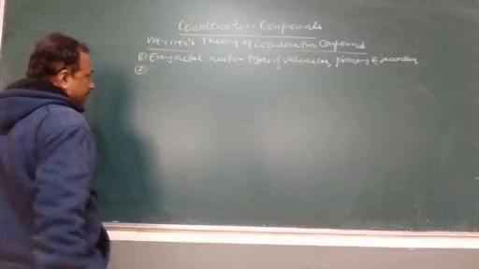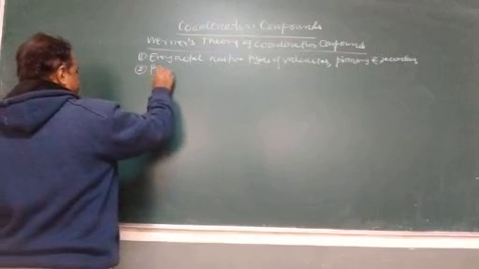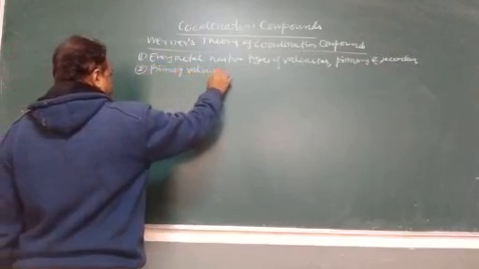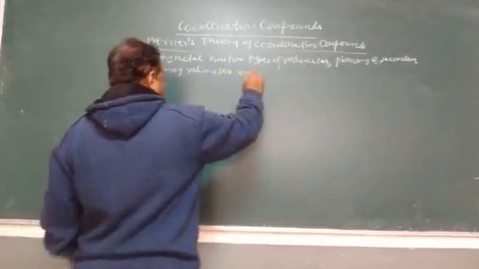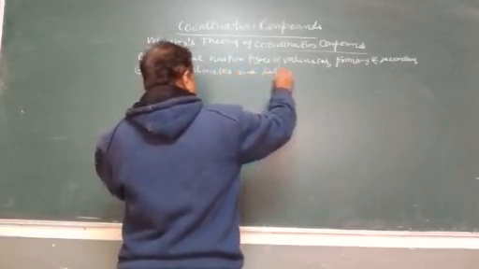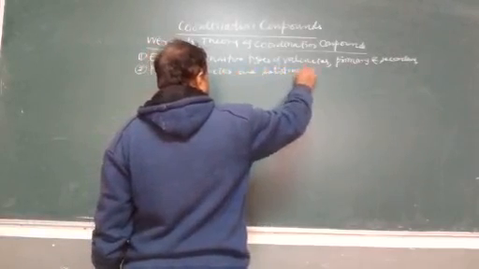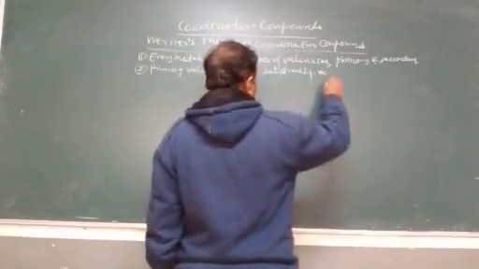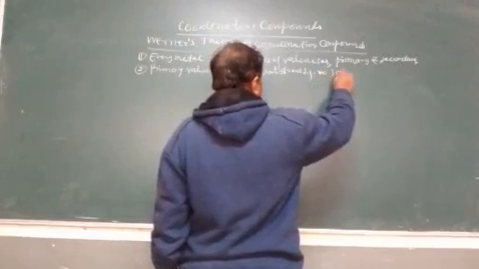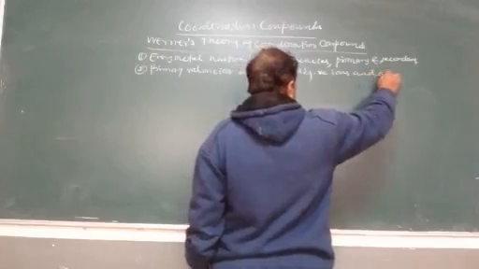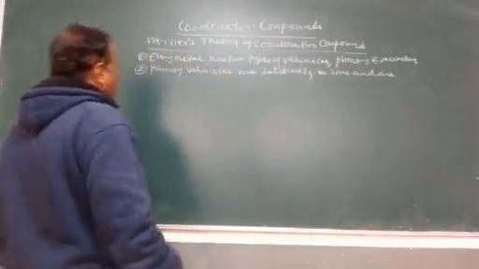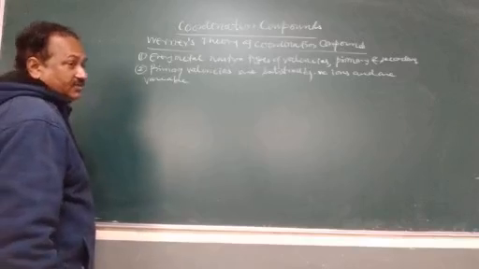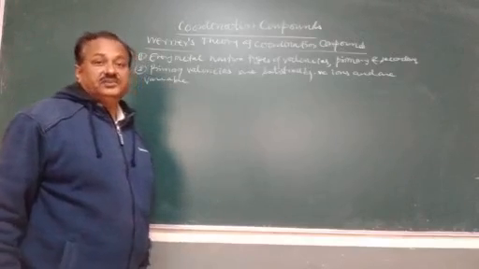Now, the second point: primary valencies are satisfied by negative ions and are variable, and it is equal to the oxidation number.